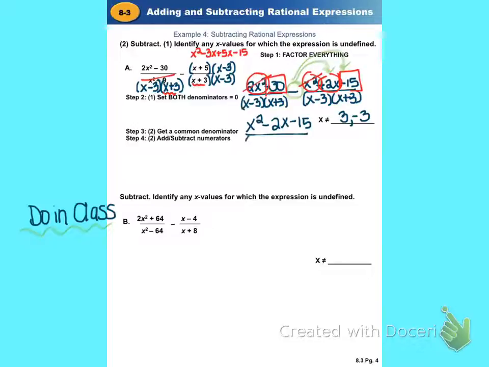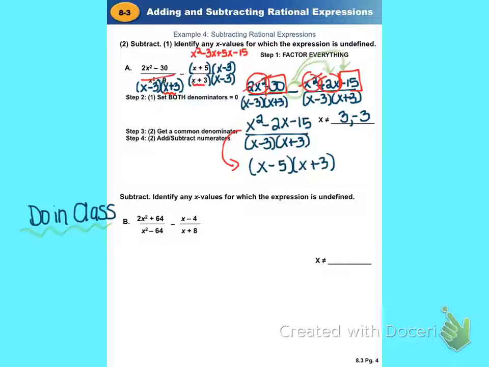My denominator is x minus 3, x plus 3. And again, it's not a bad idea to think about whether I can reduce this. So I want to take that numerator and see if I can factor it. So I'm going to take that and rewrite it in factored form, if it's possible, and I think it is. I'm looking for factors of negative 15 that multiply to negative 15 that add to negative 2, and right away I think of negative 5 and positive 3.